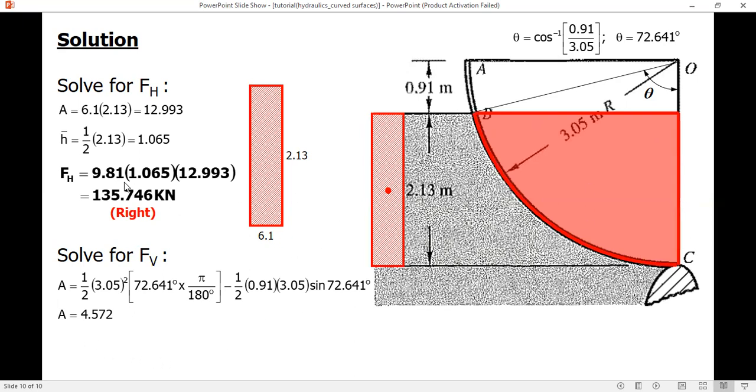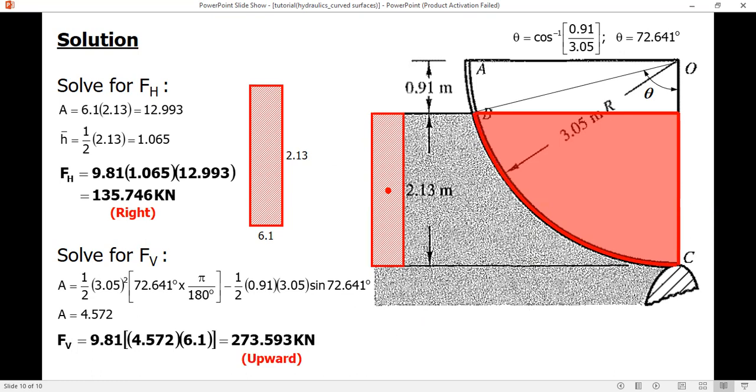And we're going to solve for the vertical component, which is gamma times V, and the volume is area times the length, 6.1. This is gamma and volume, area times length. The value is 273.593. And since the liquid is below the curve, it is directed upward.